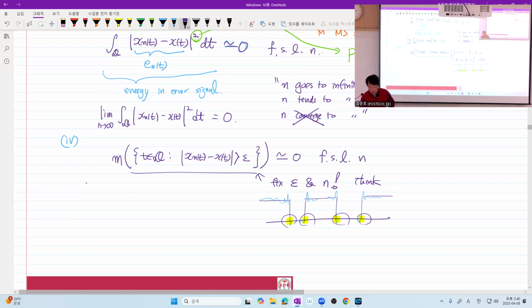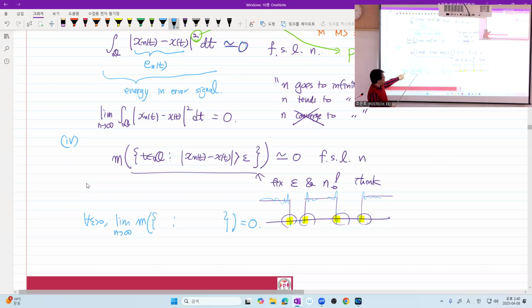So what do you want? You want something like this. For every positive epsilon, the limit of the measure of this set equals 0. Got it? See that? You choose some epsilon. Then each n will give you a set. Now it is converted to a number, length.